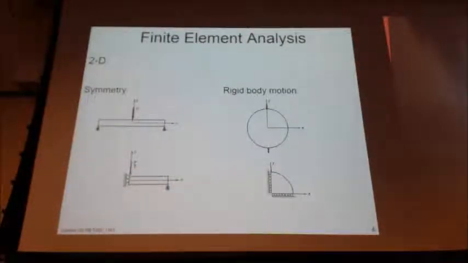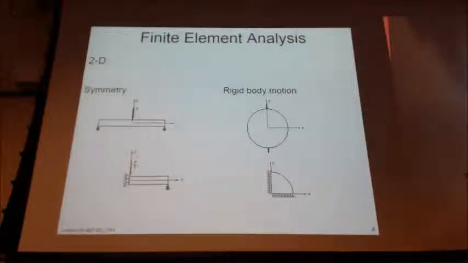In 2D, particularly, you're going to take advantage of symmetry as much as you can, and you want to make sure that you maintain rigid body motion or disallow rigid body motion.